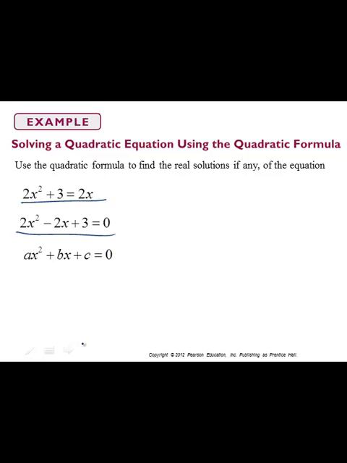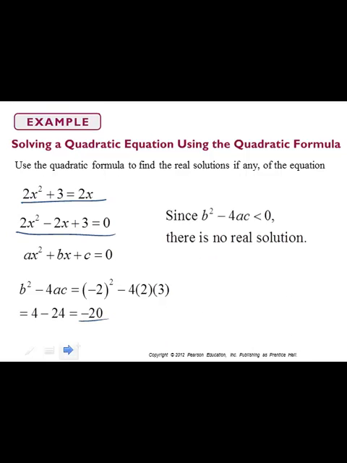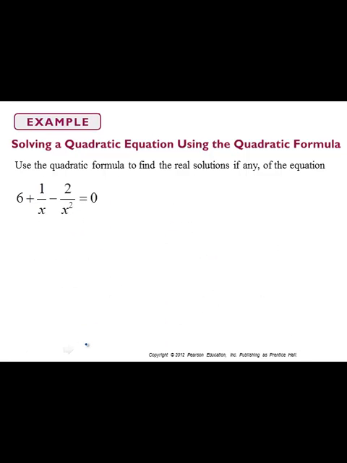Plug those numbers in for the discriminant. b squared minus 4ac is negative 2 squared minus 4 times 2 times 3. So that's 4 minus 24, which is negative 20. Your discriminant is negative here, which means that you don't have any real solutions, because you cannot take the square root of negative numbers. Moving on here.